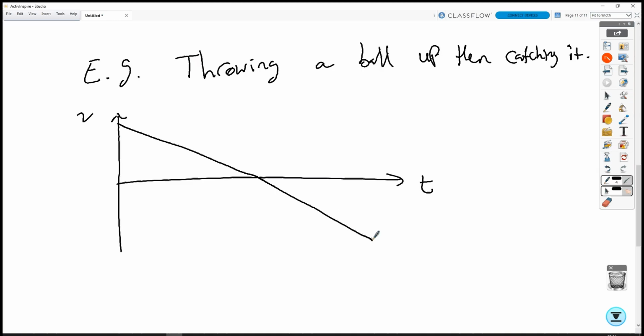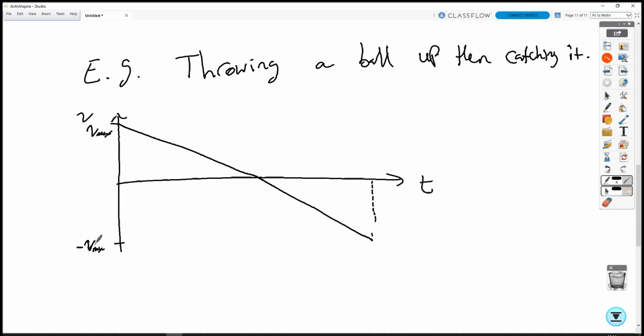And when you catch it, we assume that the instant you catch it, its velocity drops to 0. Now, the magnitude of these velocities we'll call Vmax and negative Vmax. They're the same. So the velocity it had as it left your hand going up is the same velocity the moment you catch it, but going down.